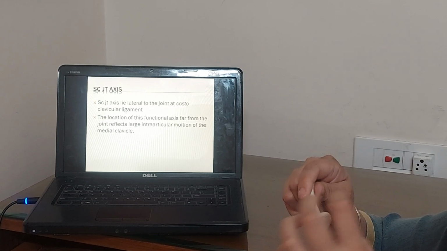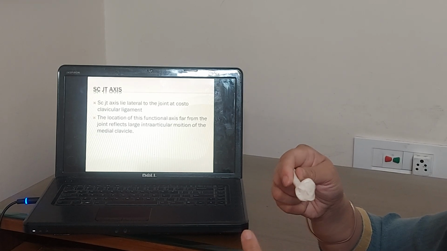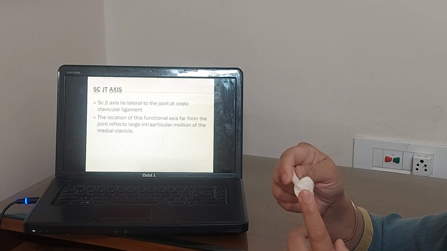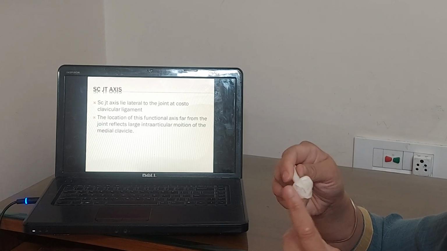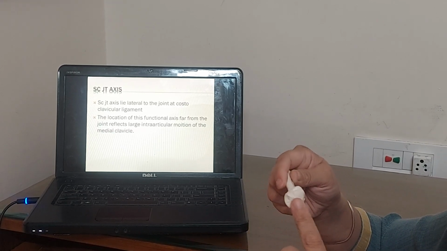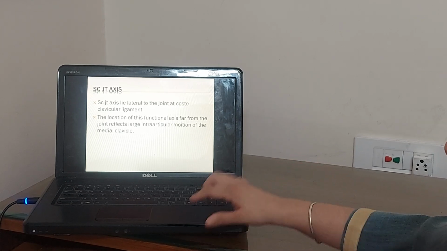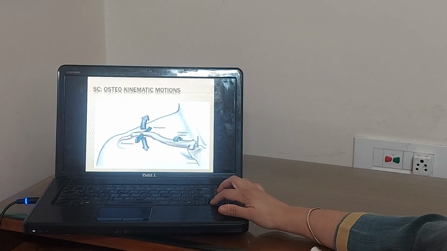Now you understand why this motion is very important: since the SC joint axis is lying away from the joint itself and towards the costoclavicular ligament, there is a large intra-articular motion, that is large arthrokinematics, going on at the level of the medial clavicle.